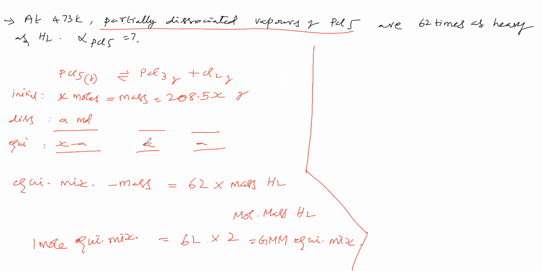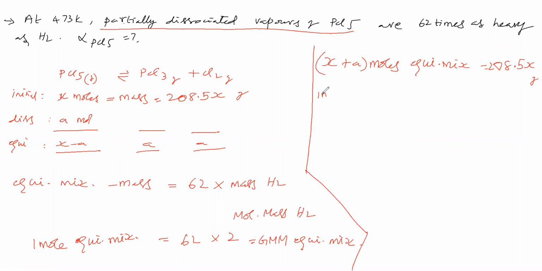PCl5 is x minus A, PCl3 is A, Cl2 is A. So total moles is x plus A. So x plus A moles of equilibrium mixture weighs 208.5x grams. Initial mass is the mass at equilibrium, that is the mass of the equilibrium mixture. Correct? So x plus A moles of equilibrium mixture mass is this much.